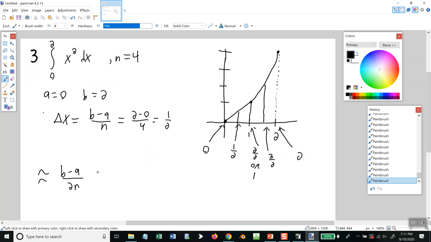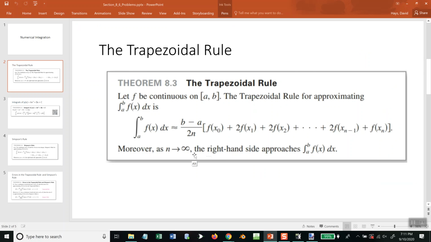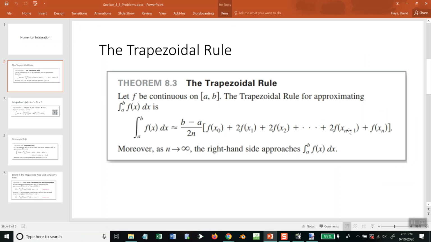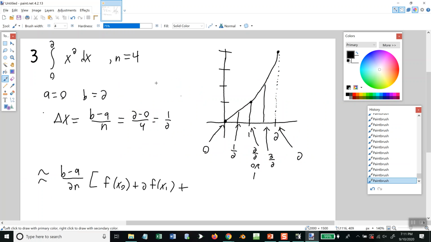Times f of x naught plus 2 times f of x1 plus. Now these are going to go up to n. Our n is 4.